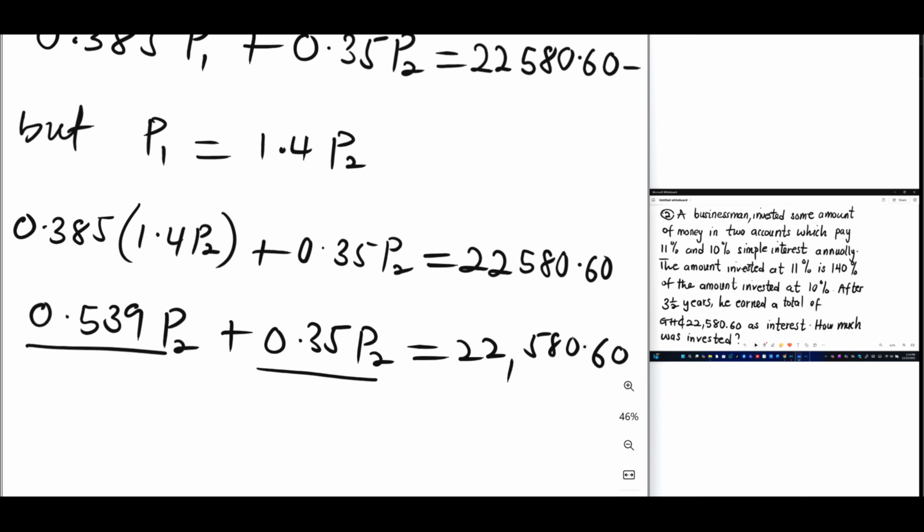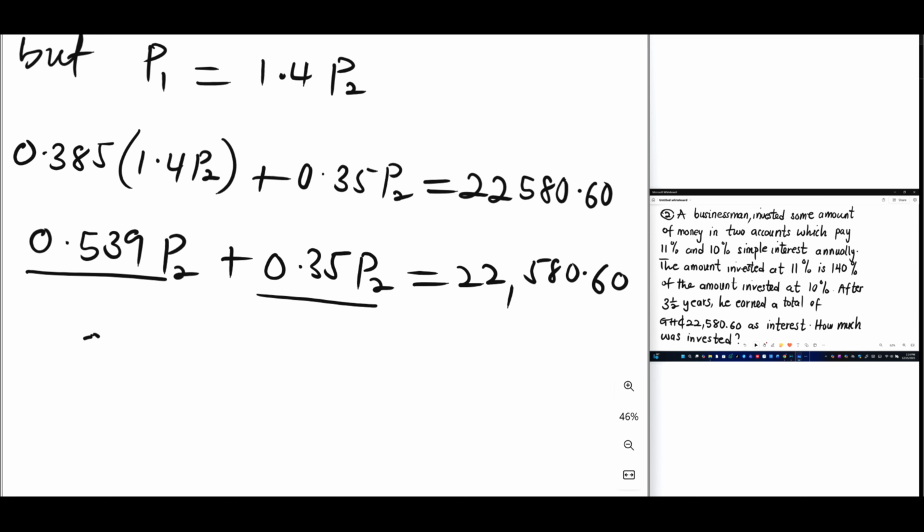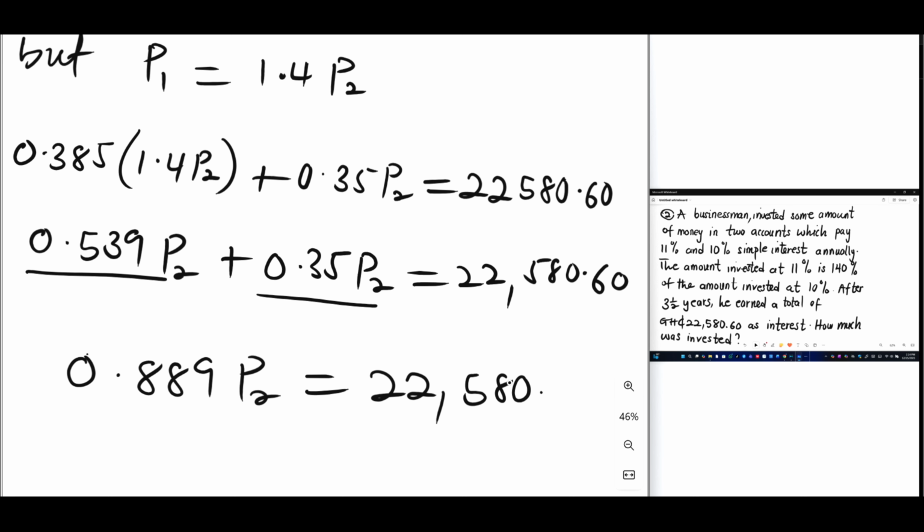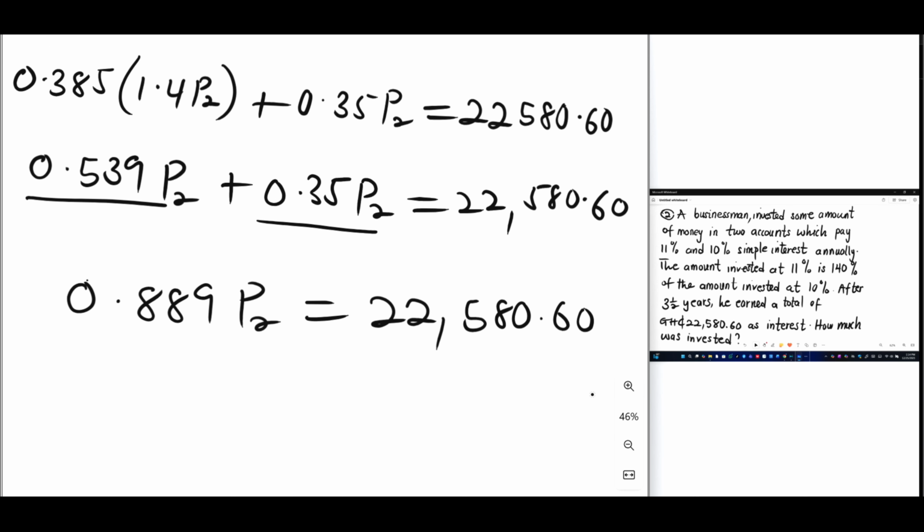So we have 0.539 plus 0.35, and we are getting 0.889 P2 equal to 22,580.60.